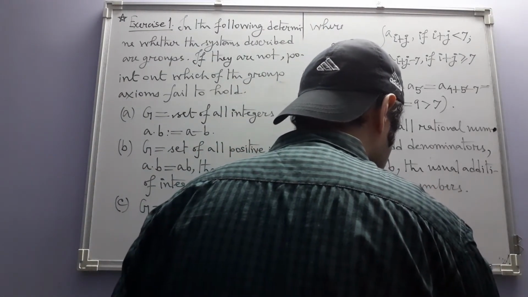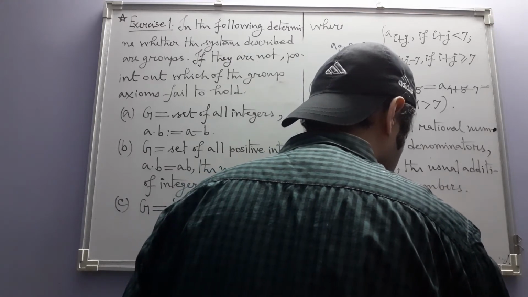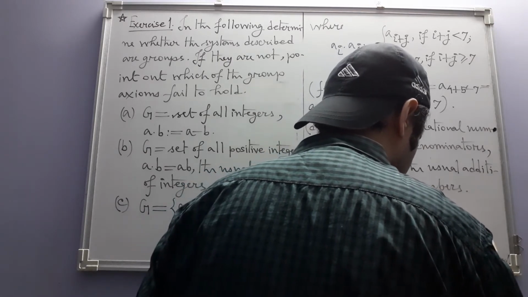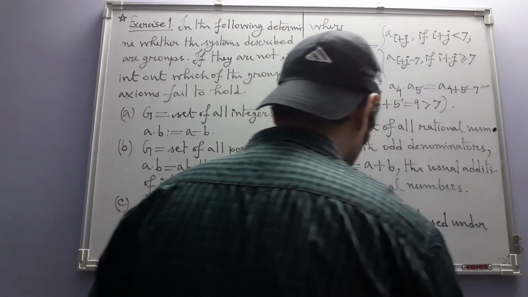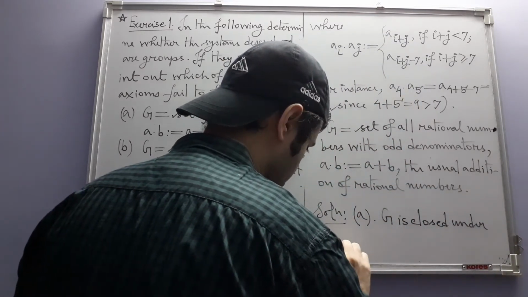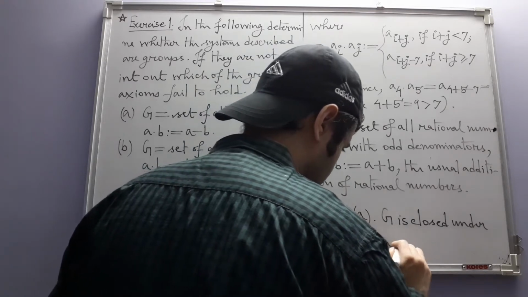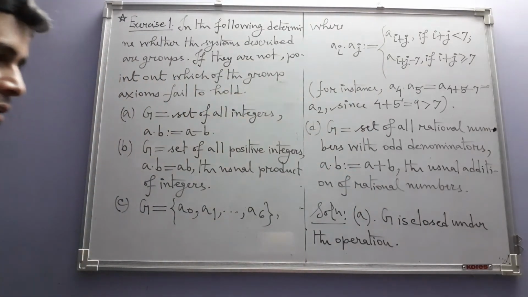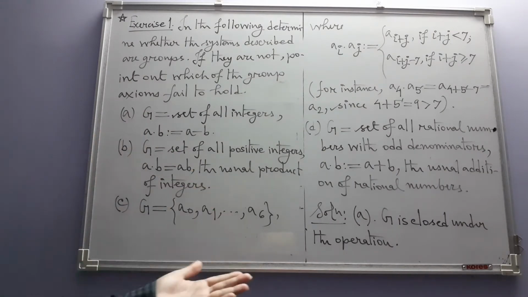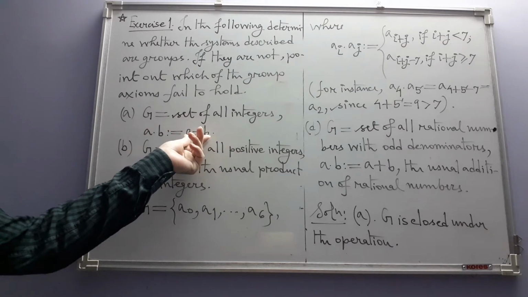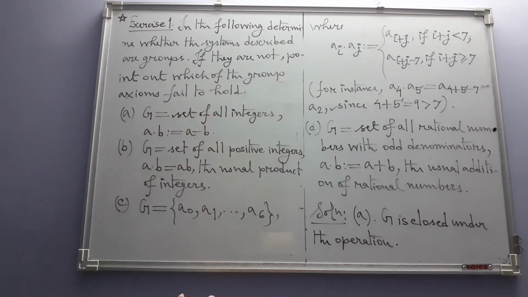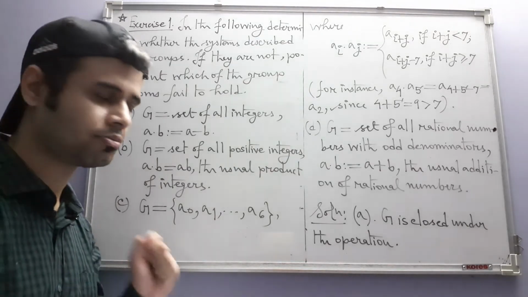G is closed under the operation dot. Actually, if we want, we can say that that is coming from the fact that the difference of two integers is again an integer, and that fact itself needs a proof, which we will prove in Terence Tao's Analysis 1.